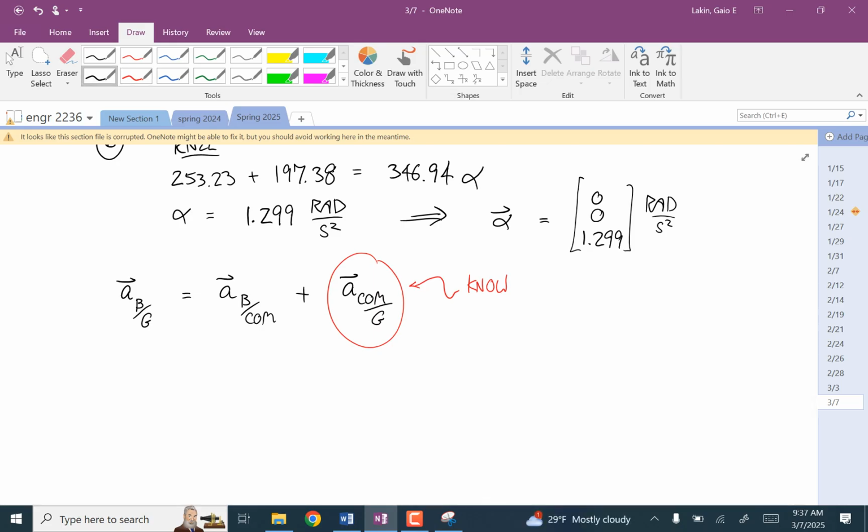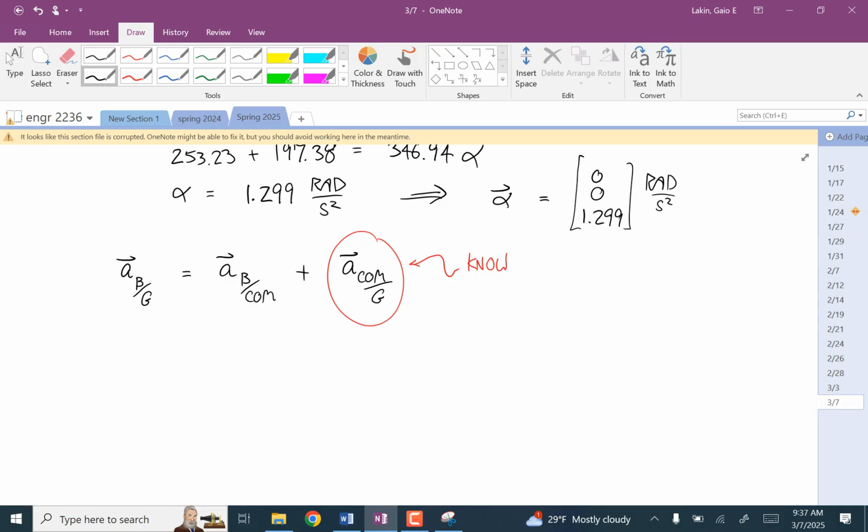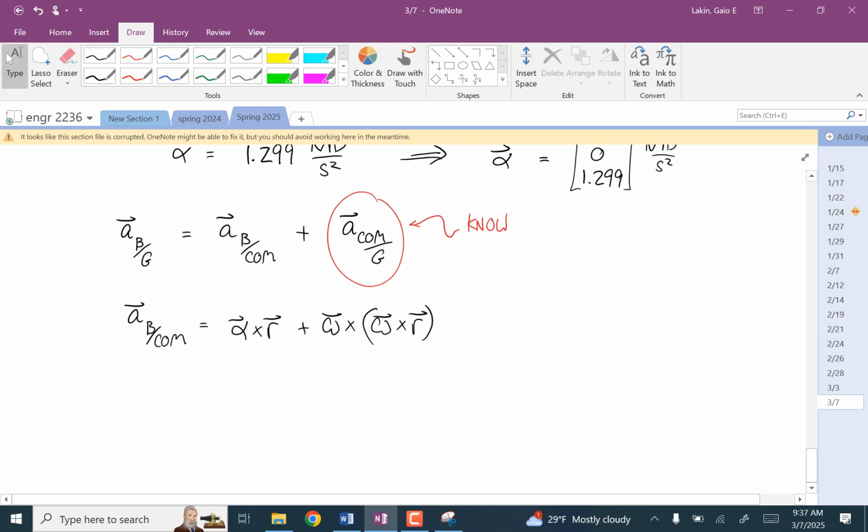Okay. The acceleration of B relative to the center of mass is, we're going to use the watermelon equation. Alpha is 0, 0, 1.299.